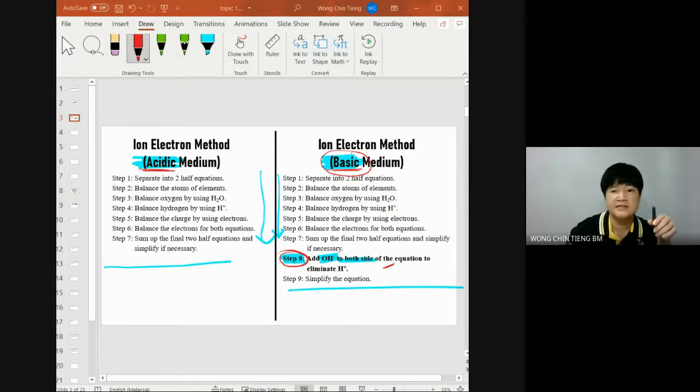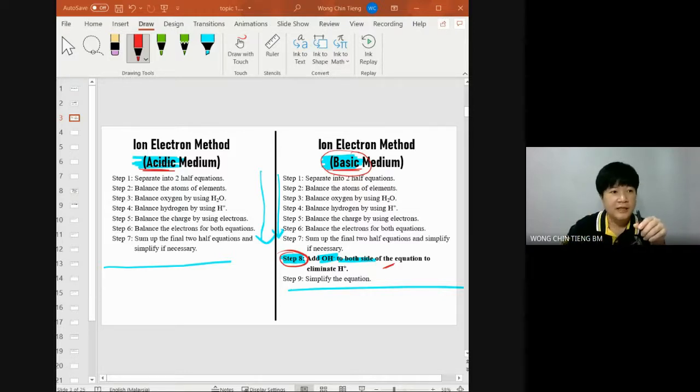Bila saya react dengan sulfuric acid, is an acidic medium. Tu contoh dia. There is no way soalan akan suruh kamu teka. Dia mesti akan bagi tahu. So carilah dalam soalan tu, cari ayat dalam soalan tu yang kamu kena tahu dia adalah acidic medium atau basic medium. Yang tu penting.